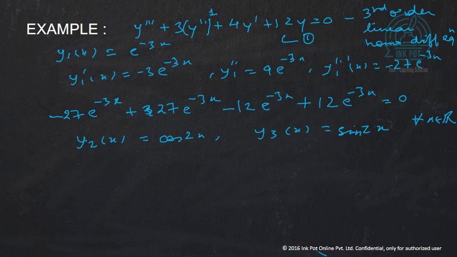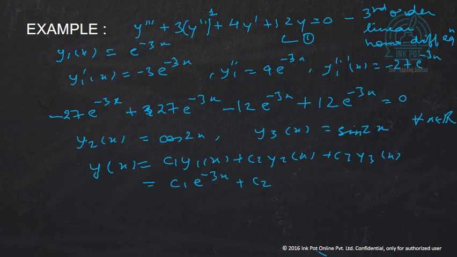We get that if I consider y(x) is equal to c1 y1(x) plus c2 y2(x) plus c3 y3(x), this is equal to c1 e to the power minus 3x plus c2 cos 2x plus c3 sin 2x, then here c1, c2, c3 are arbitrary constants. So by theorem 1 we get that y(x) is a solution of equation 1.